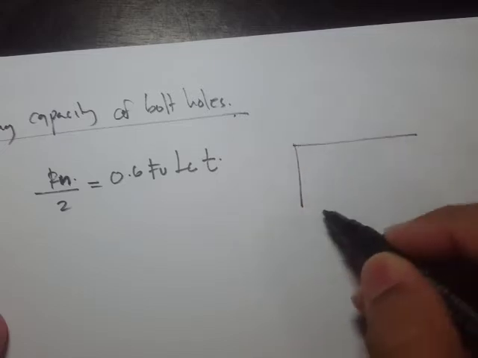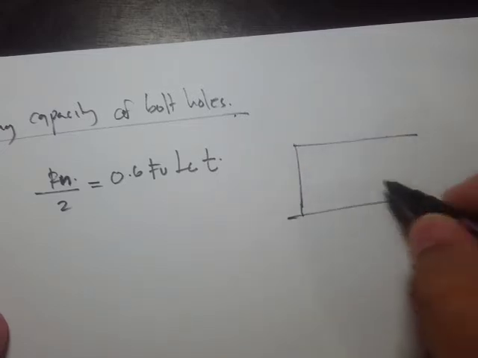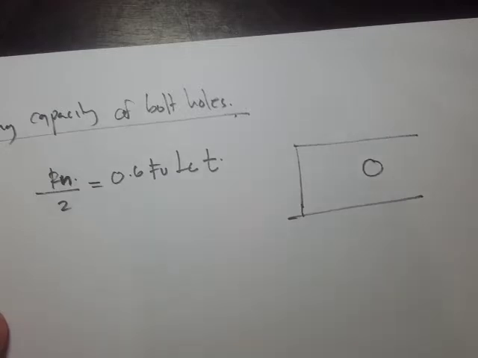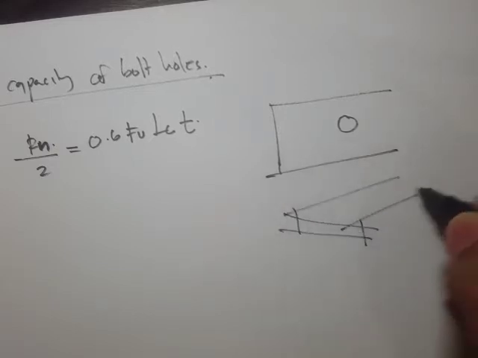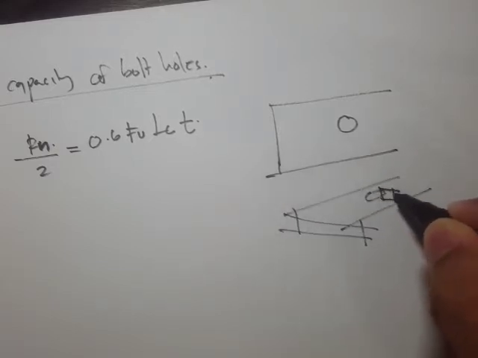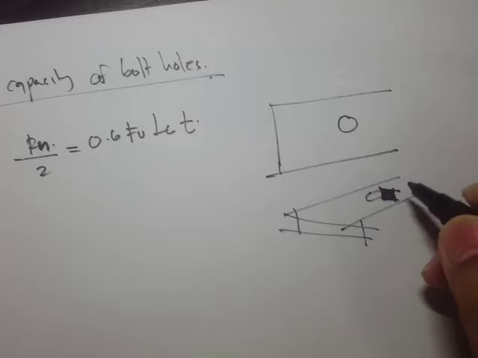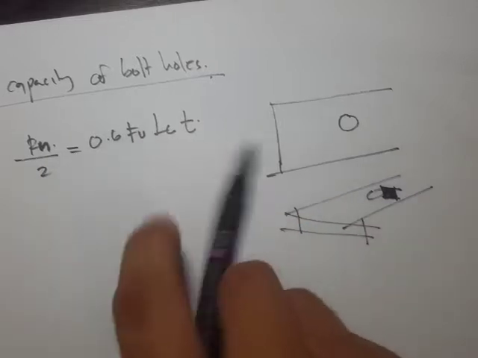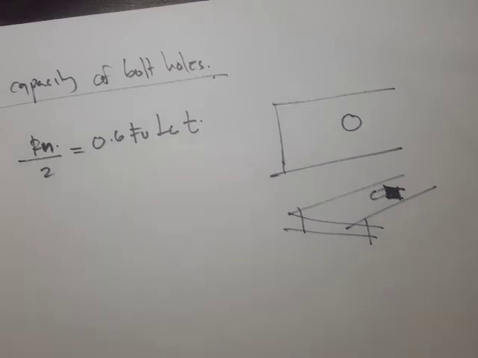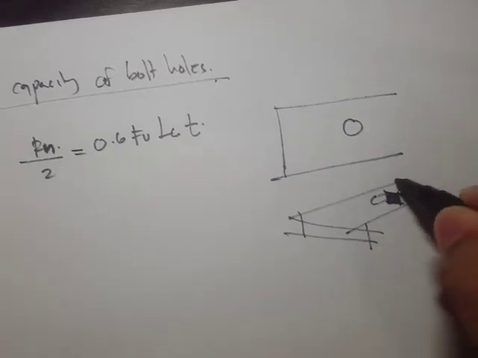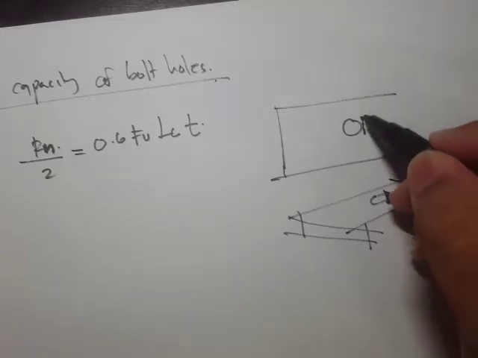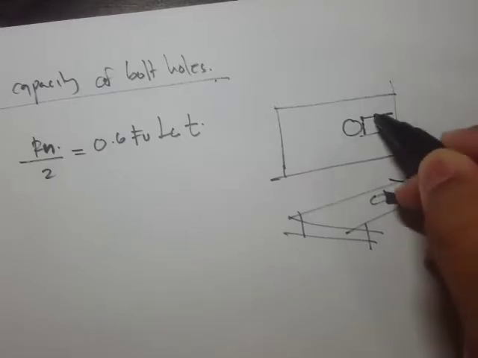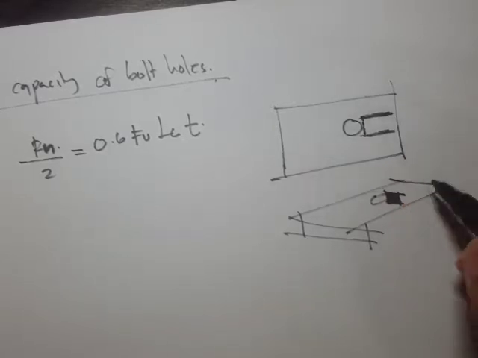It's because of this failure surface that, let me draw this in a three-dimensional view. It is possible that the failure here is this bearing area, and this bearing area, but towards here you can also shear along this area, right?